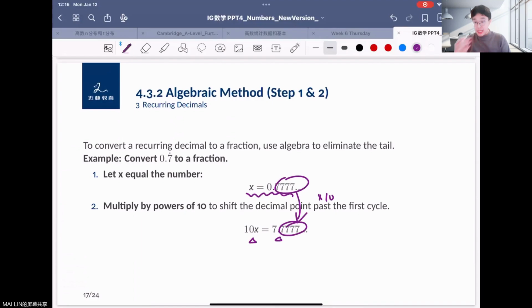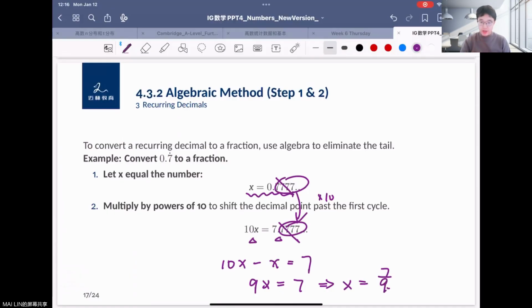So you can make a subtraction. 10x minus x, you can find that this part minus this part leaves only 7, right? Then we write 9x equals 7, and then x equals 7/9.